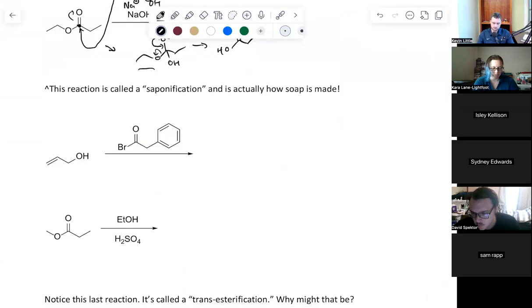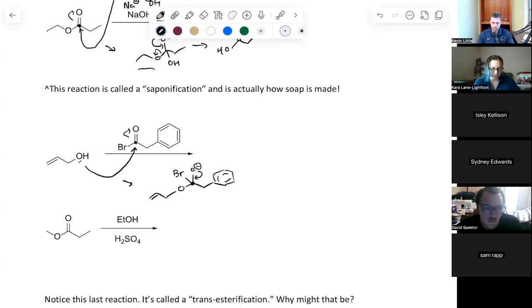Here's another reaction. We have a clear nucleophile. We have a clear electrophile. Nucleophile adds into electrophile, pushes up those electrons. We broke a carbonyl. It wants to reform. Is there something I can kick off?